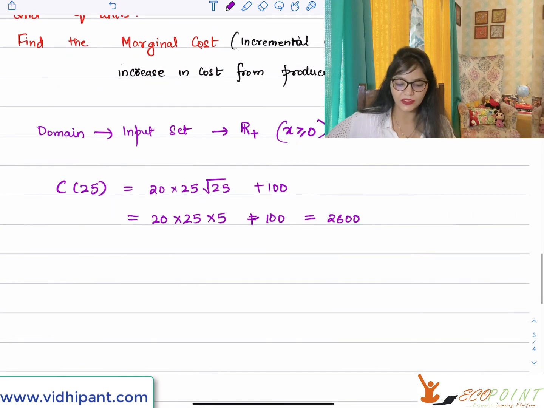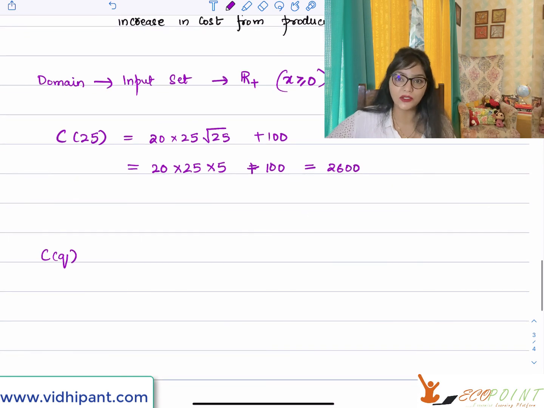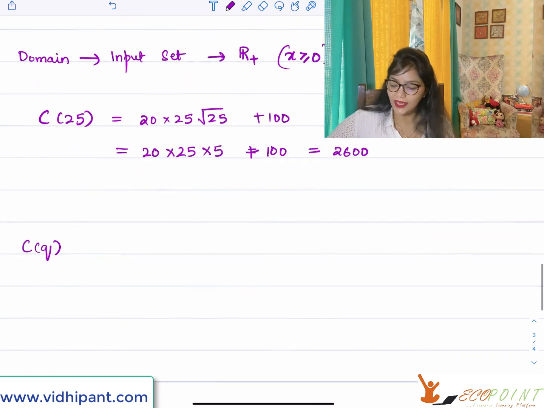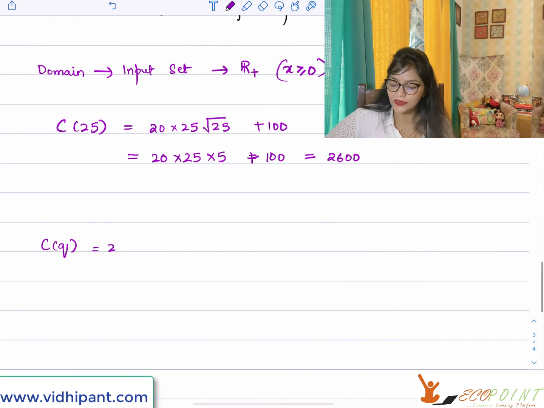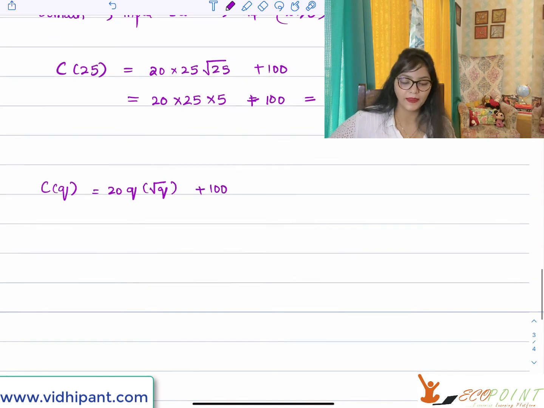Similarly, if I want to find out the cost for quantity q units, I just have to substitute q in place of x, right? That's what this relation basically means.